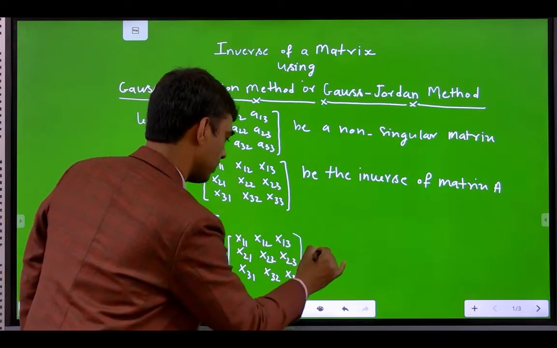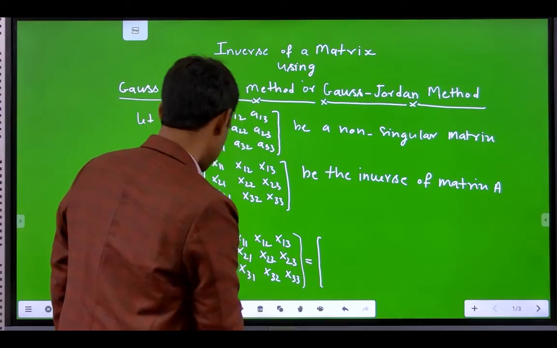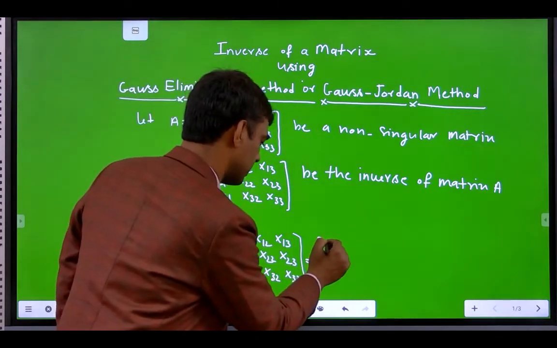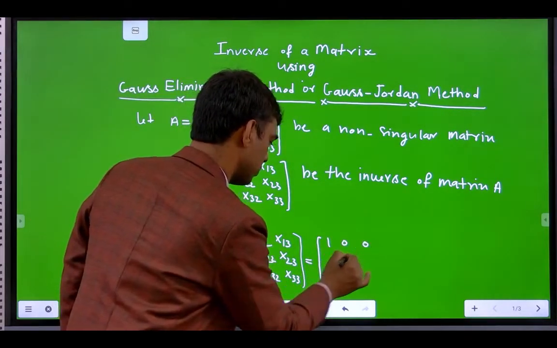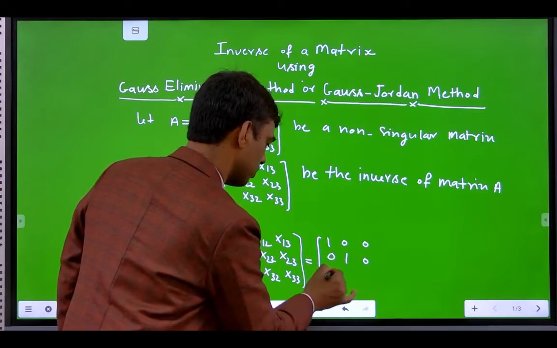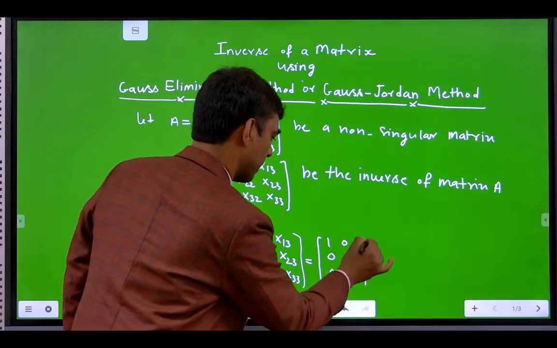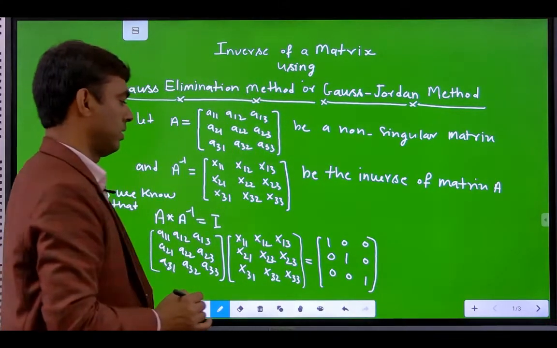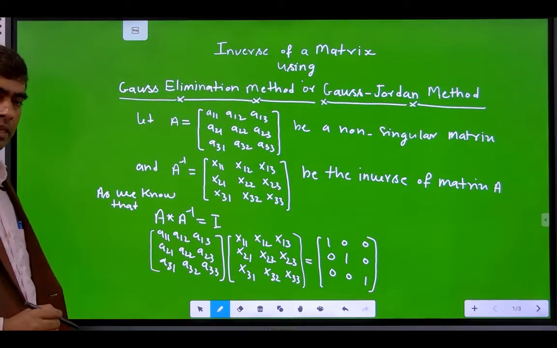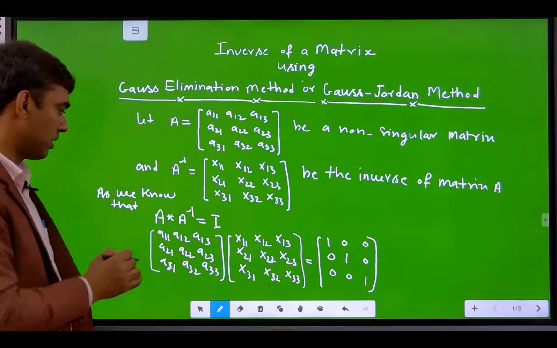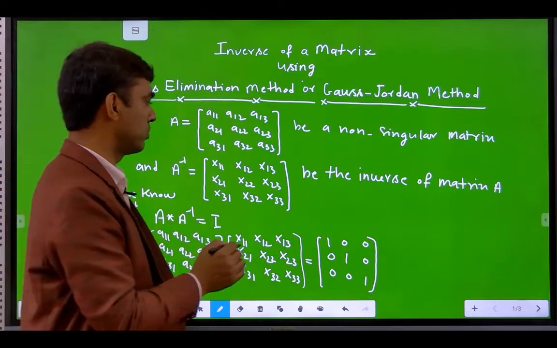This equals the identity matrix of order 3, which is 1 0 0, 0 1 0, 0 0 1.